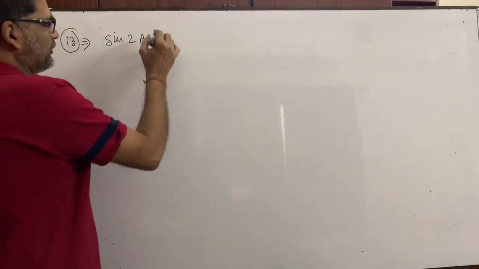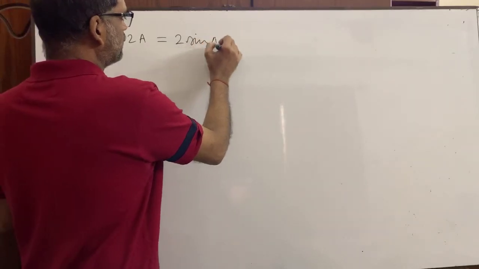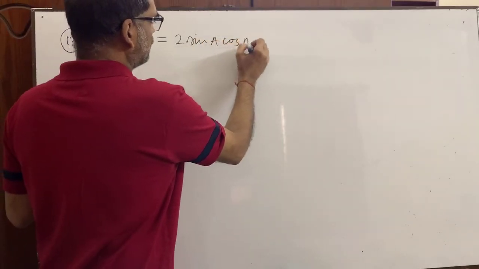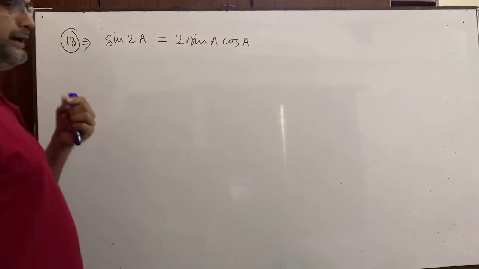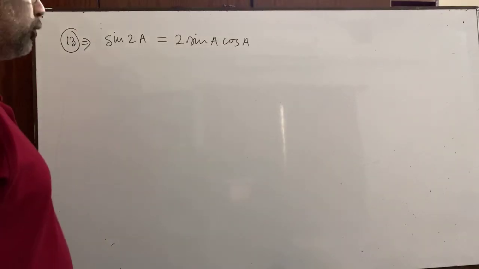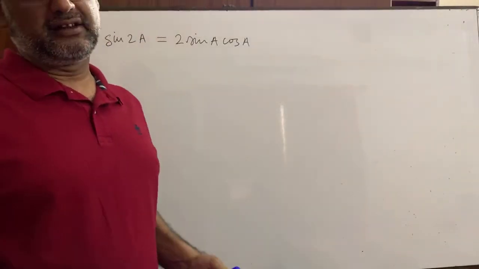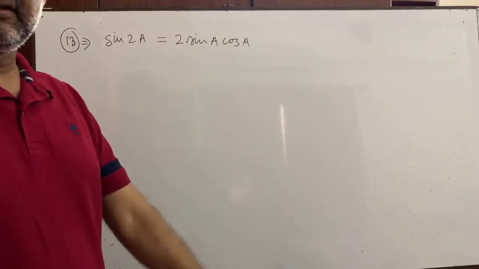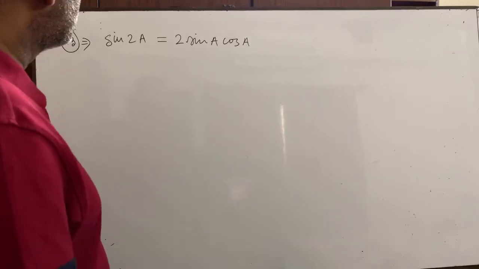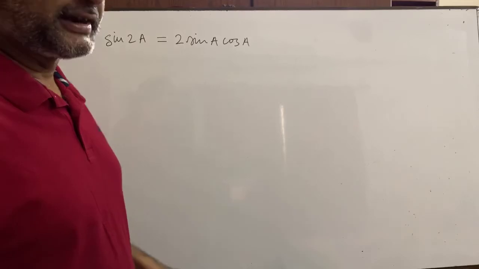Sine 2a is equal to 2 sine a cosine a. Okay, I want to convert it in terms of tan, that is called tangent. I want to convert all this in terms of tangent.